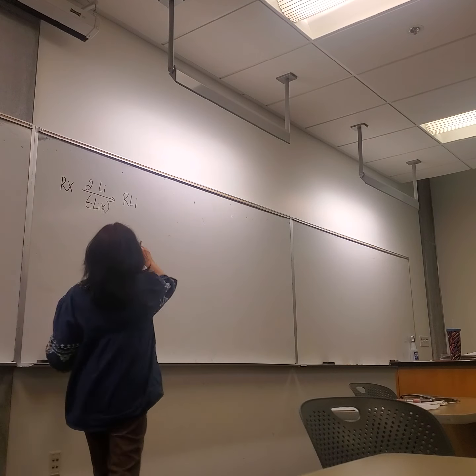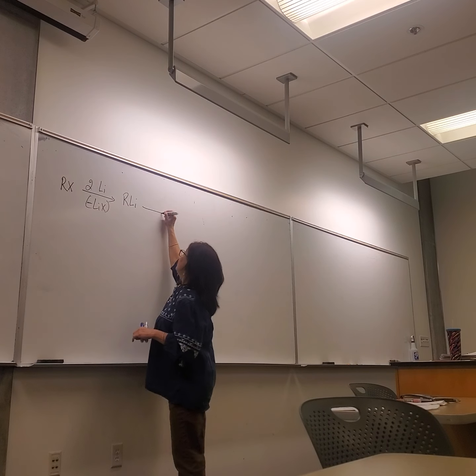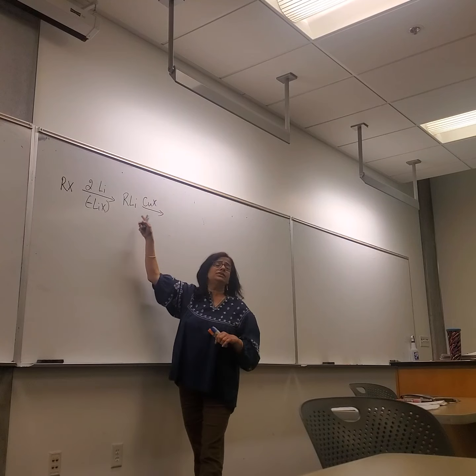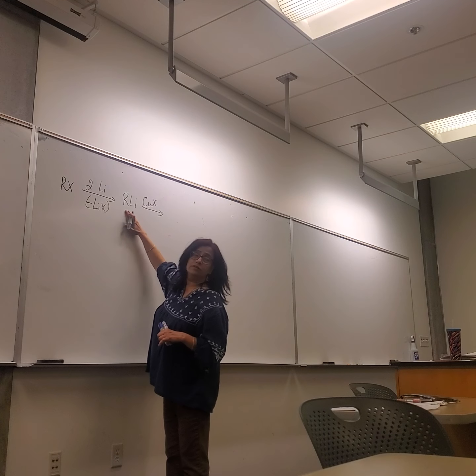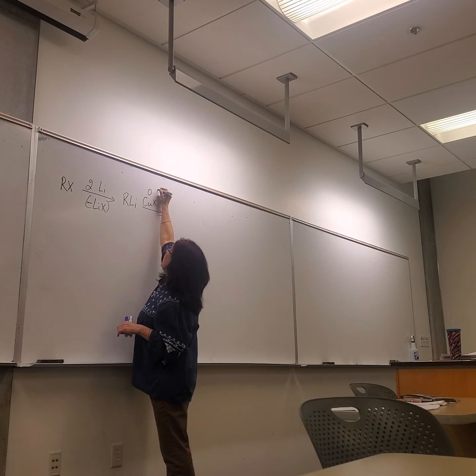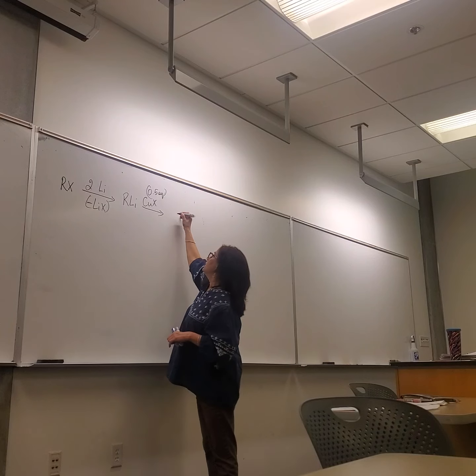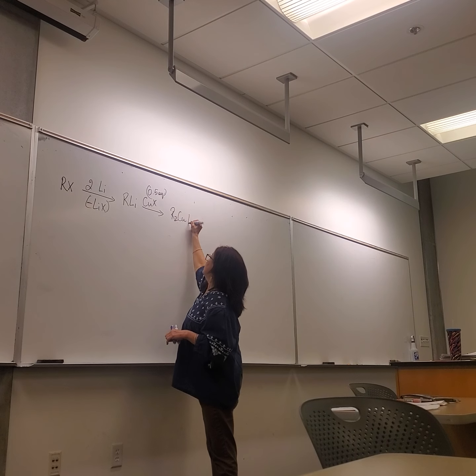The RLi, the organolithium compound, is then reacted with cuprous halide in a 2-to-1 ratio. Two equivalents of this, one, or I can say half an equivalent, because you want twice of that compared to this. That gives us R2CuLi.